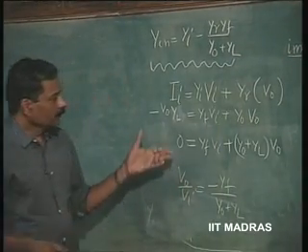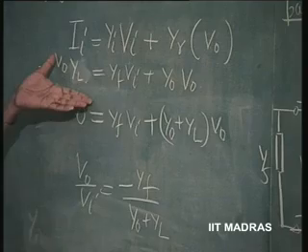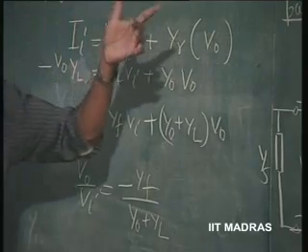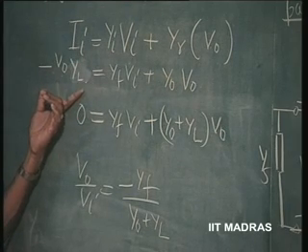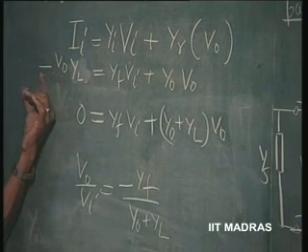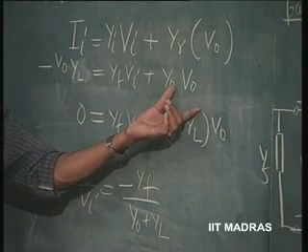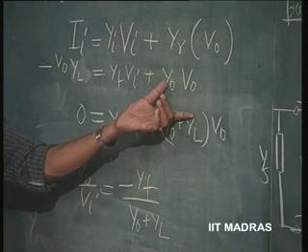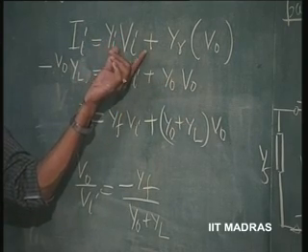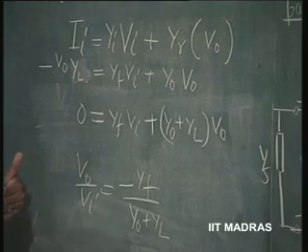Now, as a homework problem, you please try to work out I naught over II in a similar fashion. You do not have to get rid of I naught, retain I naught, express V naught in terms of I naught, and get rid of V naught and Vi, and you will get a relationship between I naught and II.